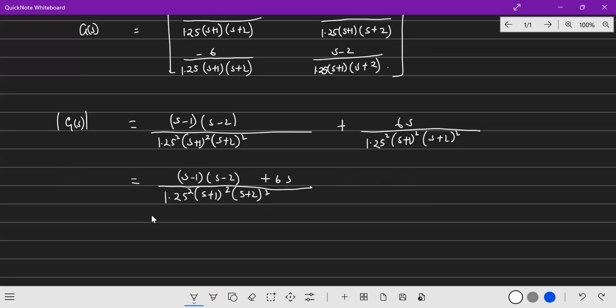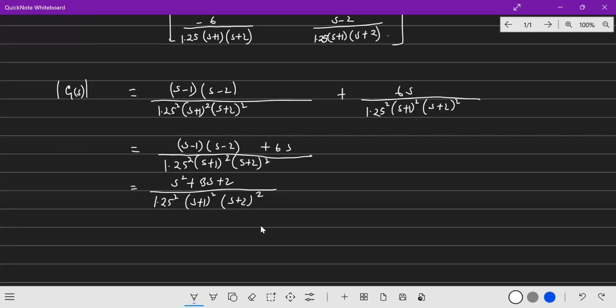So let us simplify. Let's expand that. That is S squared minus 3S plus 2, plus 6S, so S squared plus 3S plus 2. I think you can check that if you multiply here and simplify everything. Over 1.25 squared, S plus 1 squared, S plus 2 squared, okay?